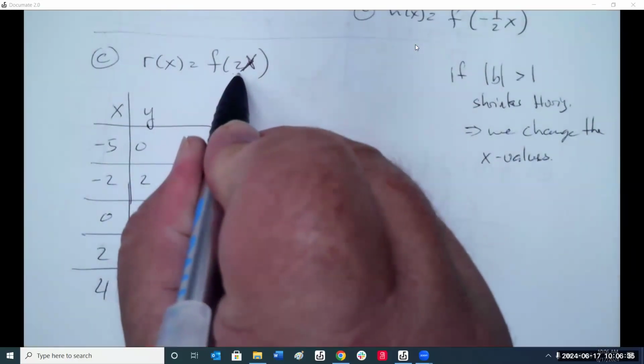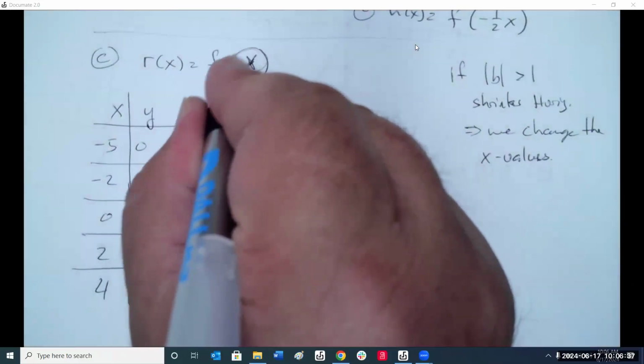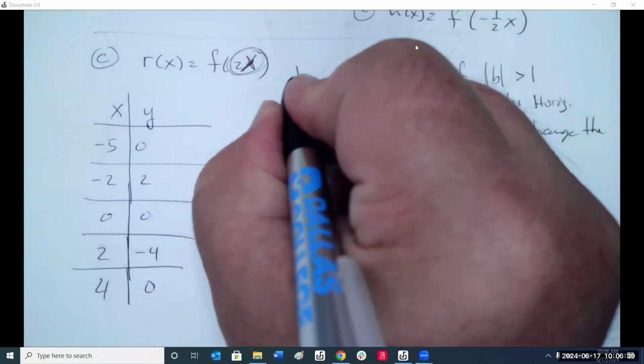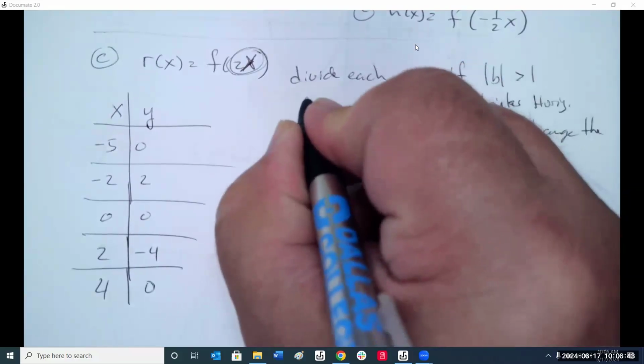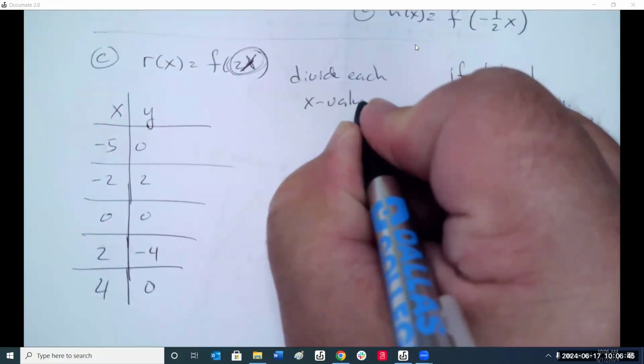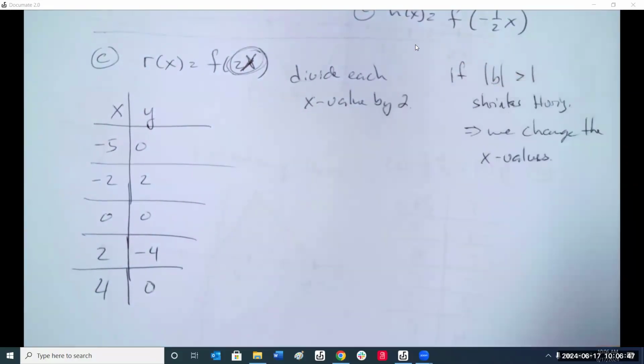So what this one tells me to do is divide each X value by 2.